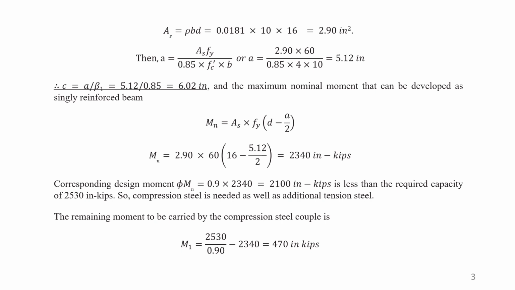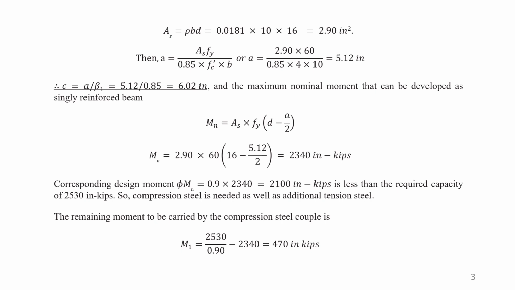Here our AS is 2.9, Fy is 60, D is 16, and A we found in the previous line, 5.212, and A by 2 is 5.12 divided by 2.